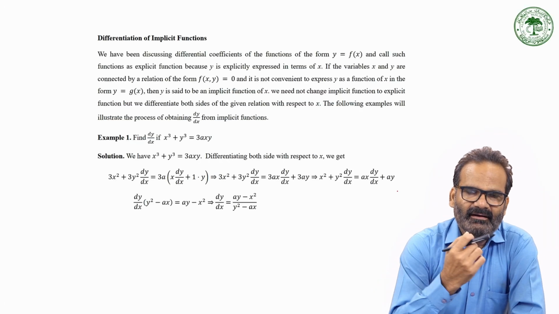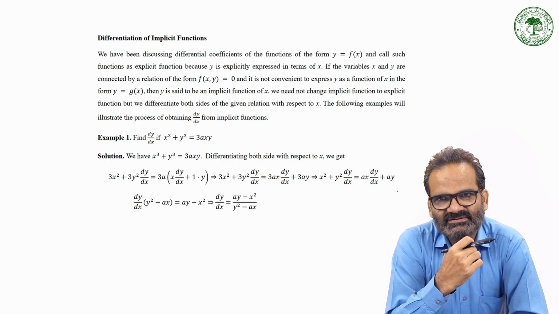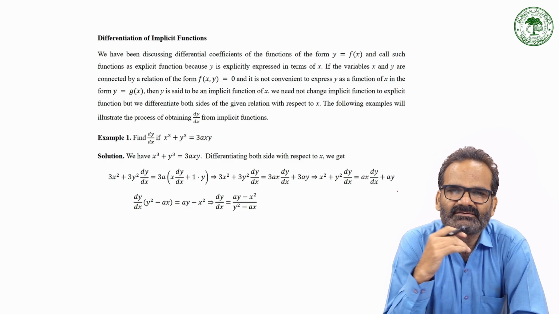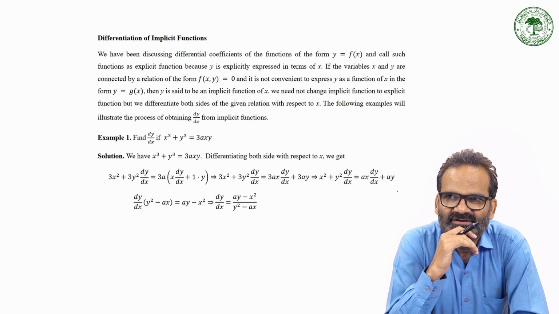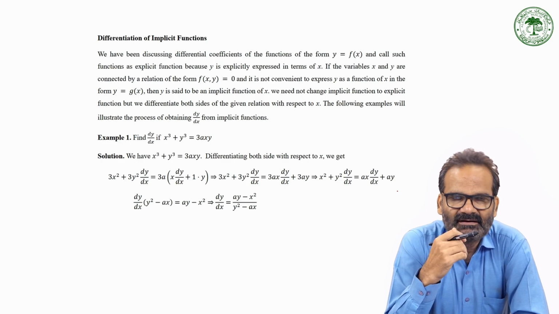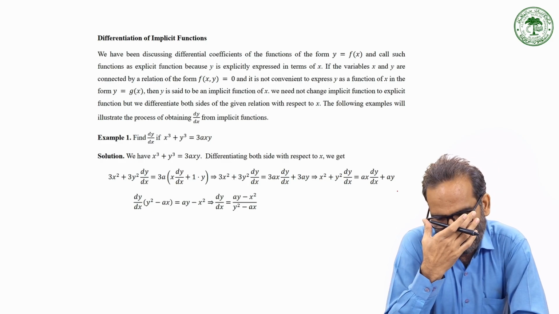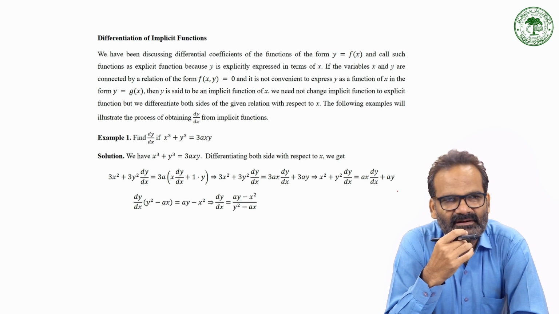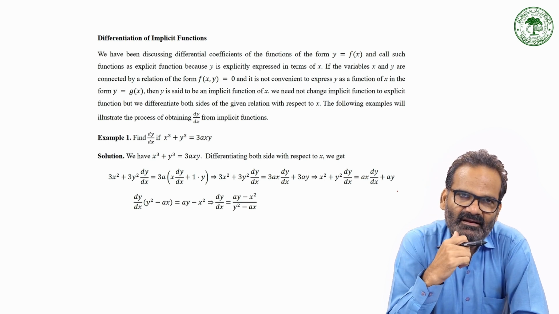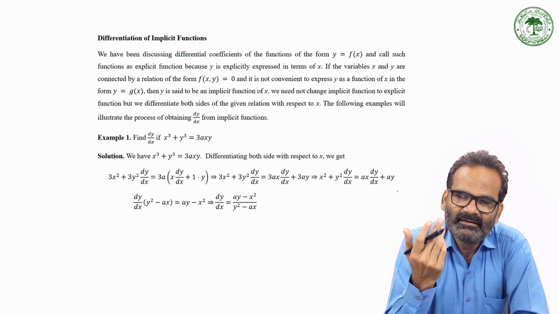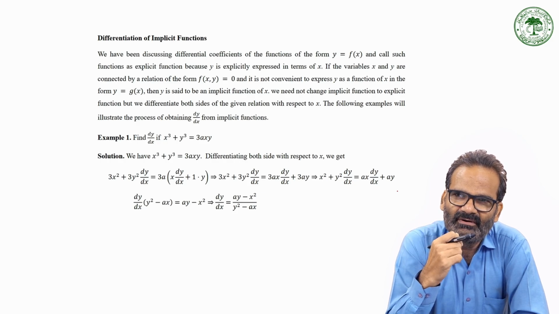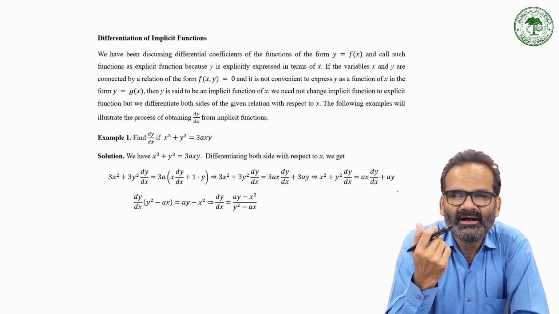We have already discussed the process of finding the derivatives of various kinds of functions using different methods. The methods we have used are: finding the derivative using the direct formula, then the chain rule, then the product and quotient rule.